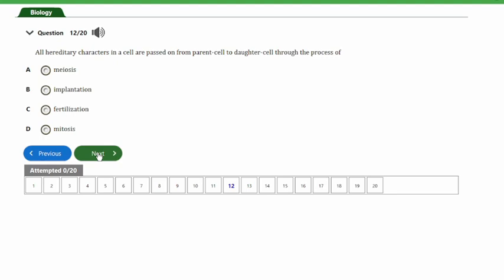Mitosis is simply a cell division, and in this process the cell divides, copying the DNA and other cell constituents. This process allows all hereditary characters of a cell to be passed from the parent cell to the daughter cell.